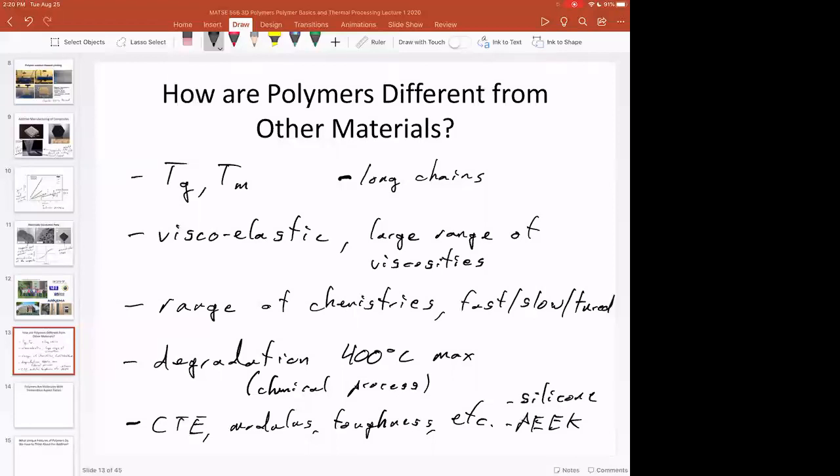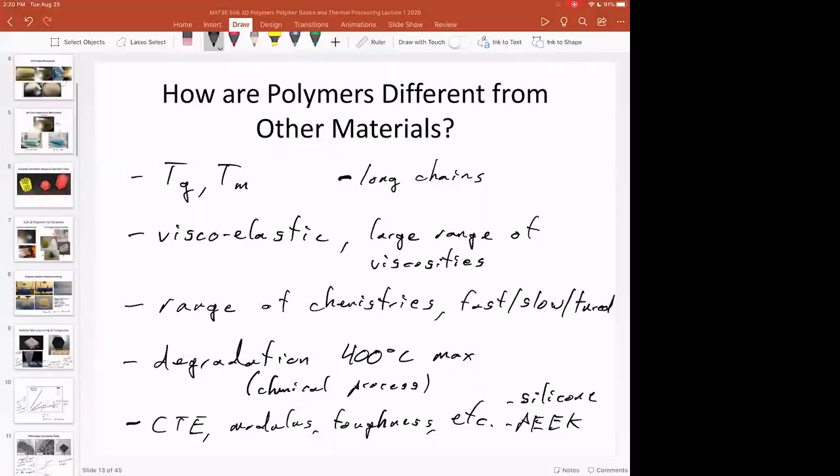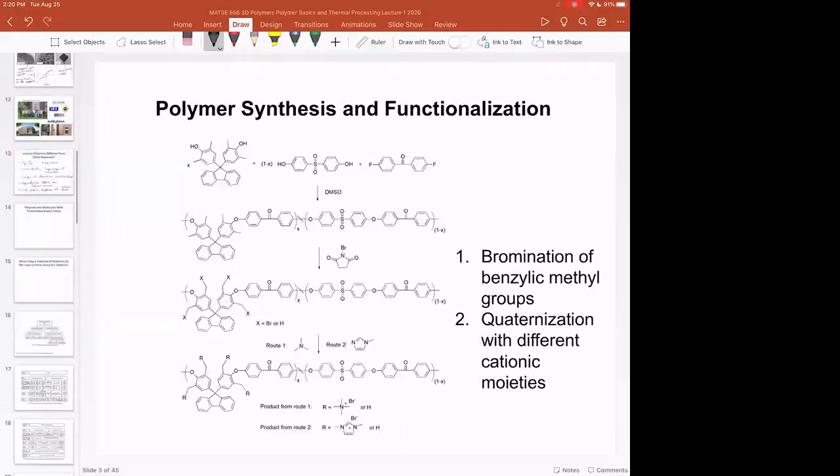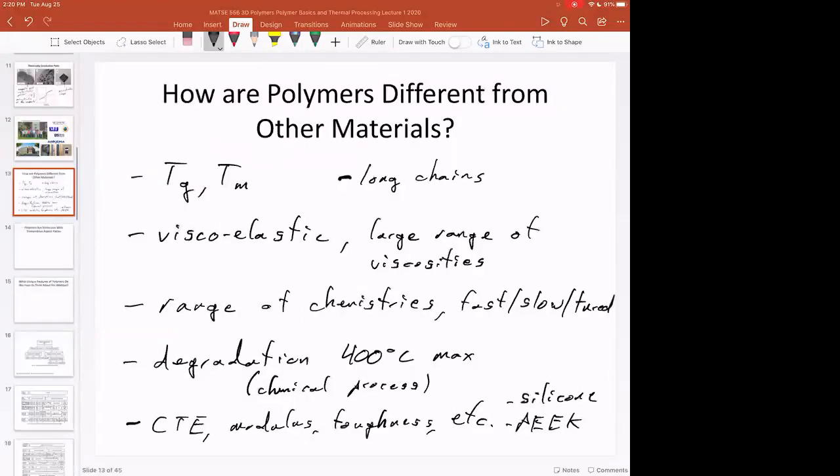That determines some of the degradation behavior or mechanical degradation, because you can shear polymers enough or process them enough that you can actually break the chains. And so we need to think about both the chemical structure, so what does the chicken wire look like, but also how long the chains are, and that's really defined by the molecular weight.